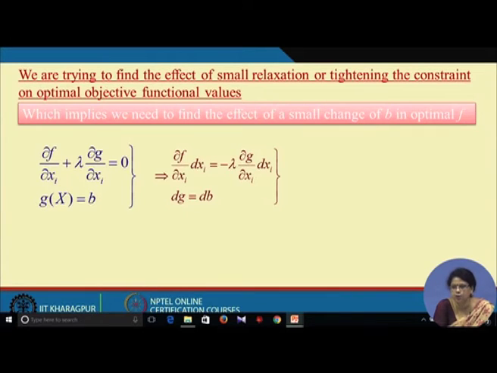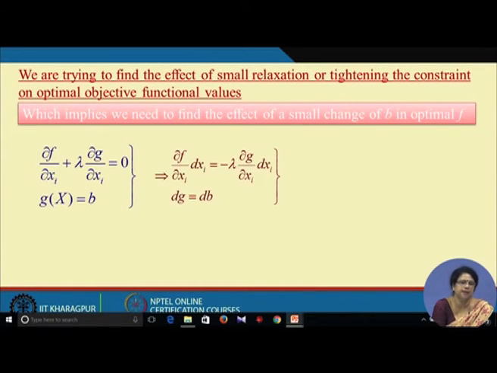g is a function of several variables, we can differentiate, f we can do, but why are we considering b? Because the significance of the Lagrange multiplier is there when we consider the sensitivity analysis of the nonlinear programming problem. What do you mean by sensitivity analysis of an optimization problem?